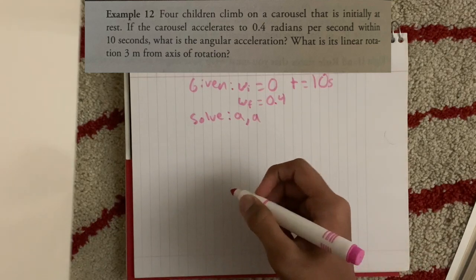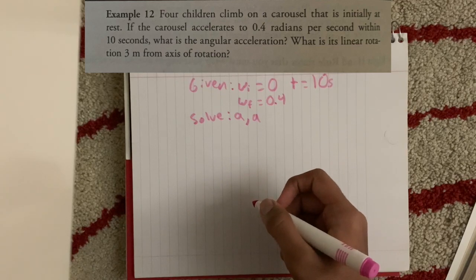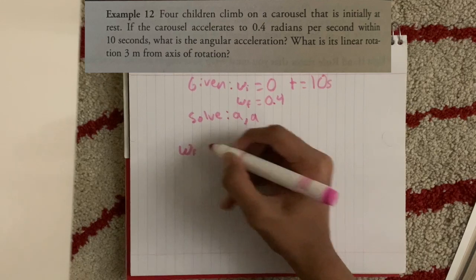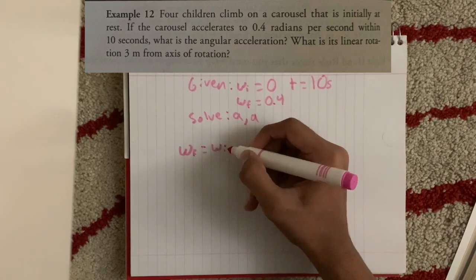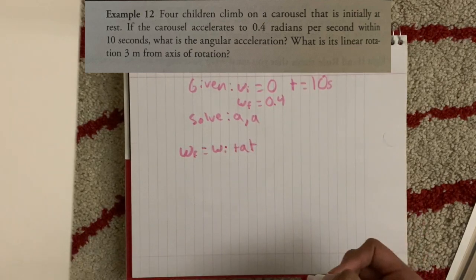So based on the givens and what we're asked to solve for, we would use: the final angular velocity is equal to the initial angular velocity plus the angular acceleration times time.